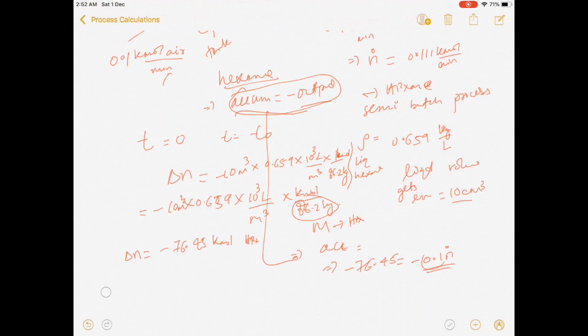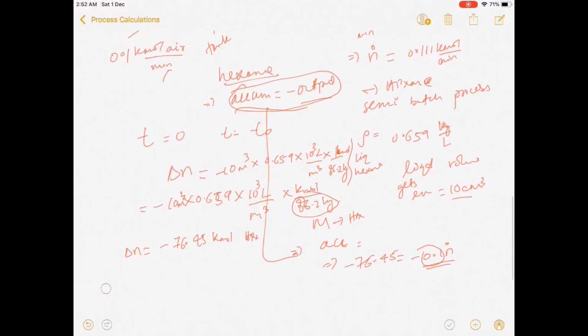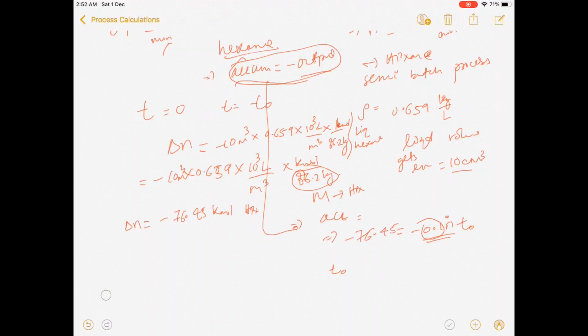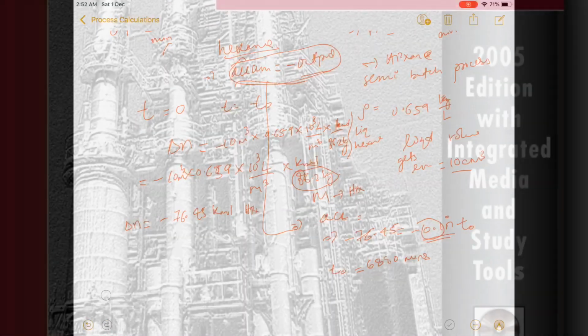This is the mole fraction, this is the mole flow rate, and we want time, so multiply with t, or t naught as per the variable assumed. So t naught comes out to be 6880 minutes.